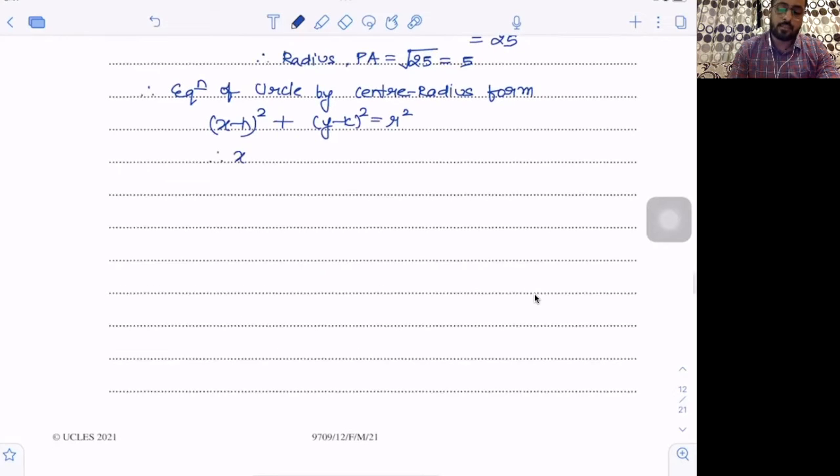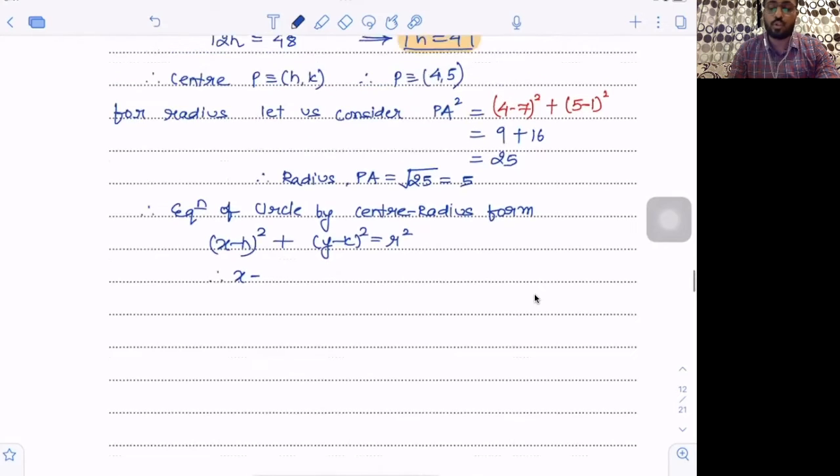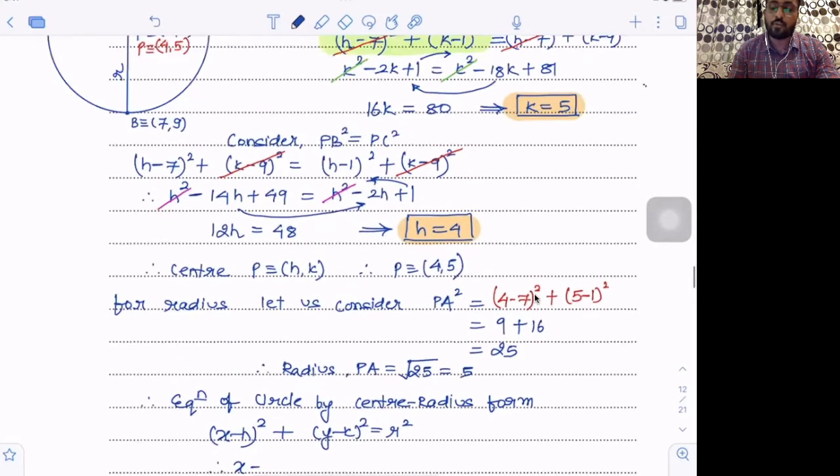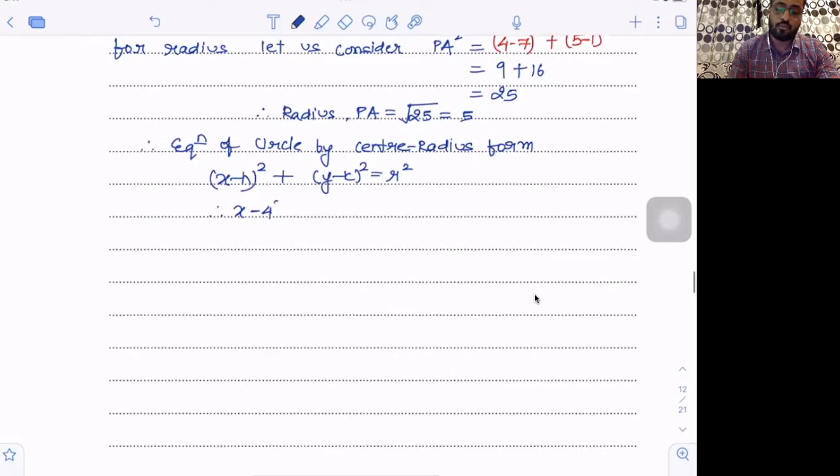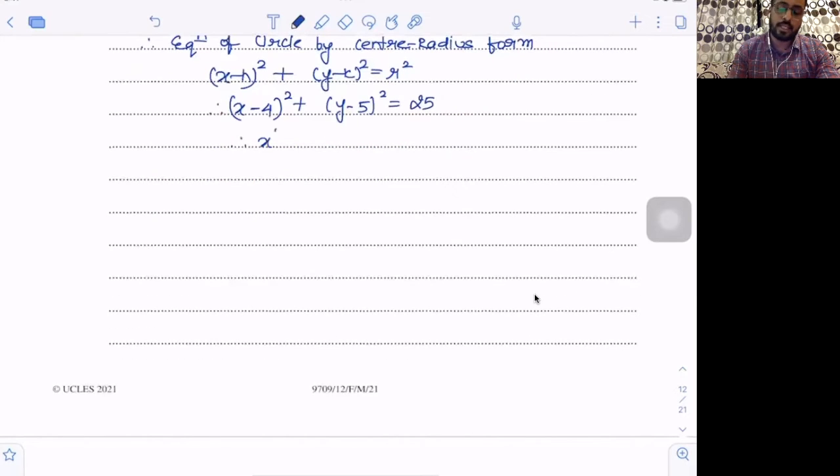So I write x minus the value of h. The value of h was 4, if you remember, right? And the value of k was 5. So x minus 4 the whole square plus y minus 5 the whole square is equal to radius r square, which is 25, right? If you want, you can simplify it further and write the equation as x square minus 8x plus 16 plus y square minus 10y plus 25 is equal to 25.